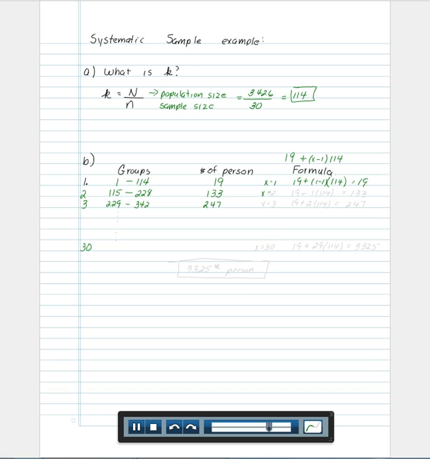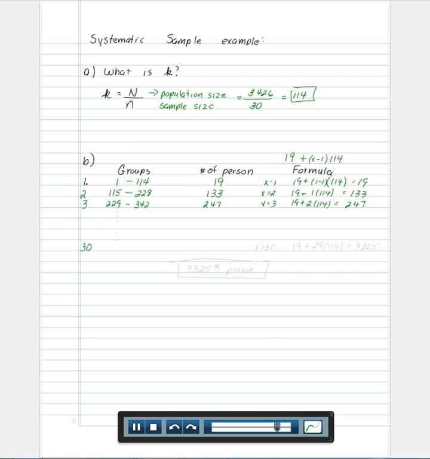If I take x is 2 for the second group, that's going to be 19 plus x, which is 2. 2 minus 1 is 1, so that would be 1 times 114, and that's going to give me my 133. And then if you do x is 3, you get 19 plus 3 minus 1, just follow the formula, and that gives you 2 times 114, and that gives you your 247.